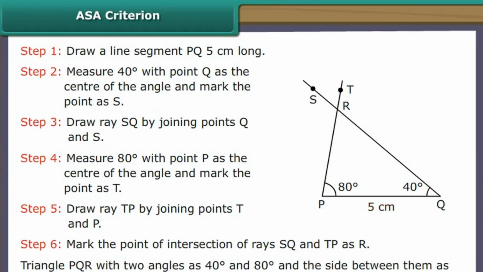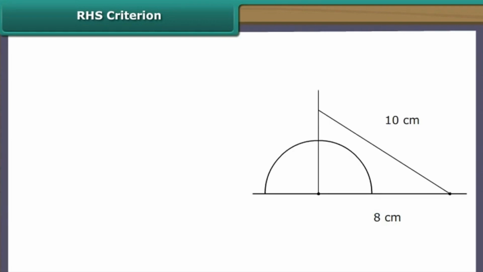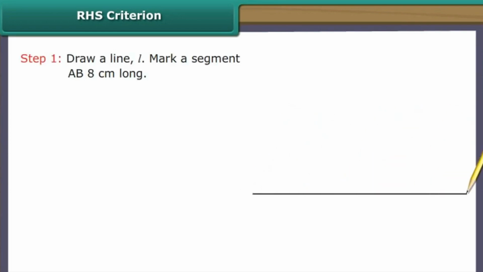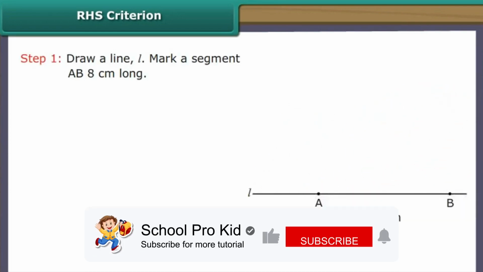RHS criterion. Let us now draw a triangle one of whose angles measures 90 degrees and the base and hypotenuse are 8 cm and 10 cm respectively. Draw a line L. Mark a segment AB 8 cm long.